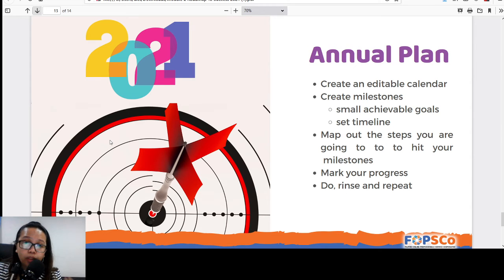For the 2000 pesos for January, by the end of the month you should already have it. You have to map out the steps to hit your milestones. So you really have to do actionable, tangible steps. And then you have to mark your progress so that you will know. You have to do, rinse, and repeat. So it's a continuous process.